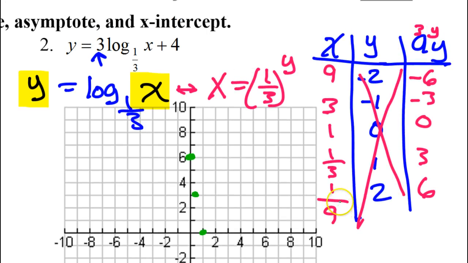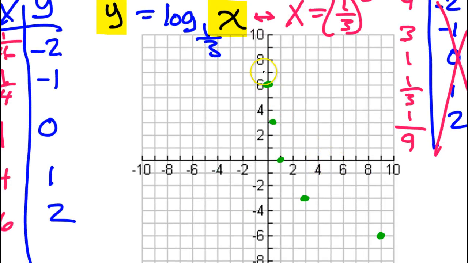Now it's time to move them. What am I going to do because of this +4 here on the end? That's going to be a transformation of up 4, translation up 4. So I'm going to move each one of these points up 4. So 1, 2, 3, 4. Okay, 1, 2, 3, 4.